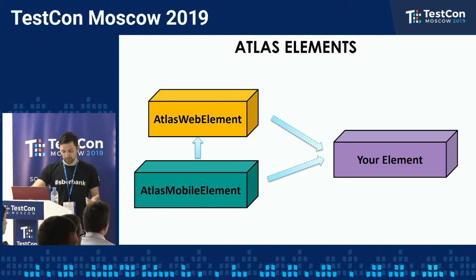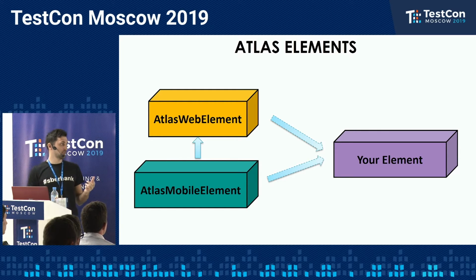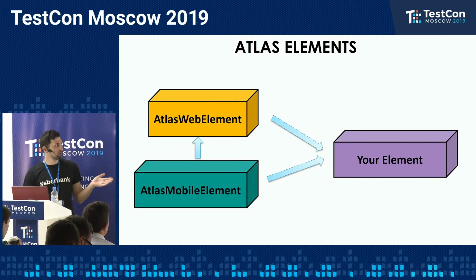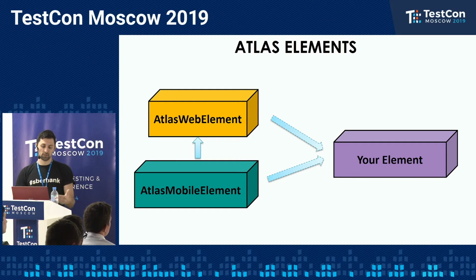Element-wise, if you knew HTML Elements, you had custom elements there. In the current case, in UI automation, you use web element. Atlas has two elements, like Atlas mobile element, and those two entities are inherited from a standard web element, and they add their own methods.